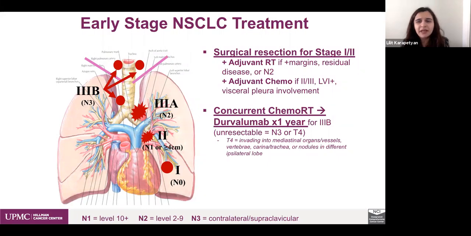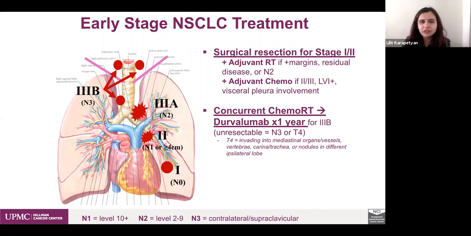For any early stage, stage 1 and 2, one lesion or a lymph node in the same lung, you try to do surgery and chemotherapy, or radiation therapy if it tells you there is lymph node involvement or a positive margin, which in general tells you there is some cancer left in the body.